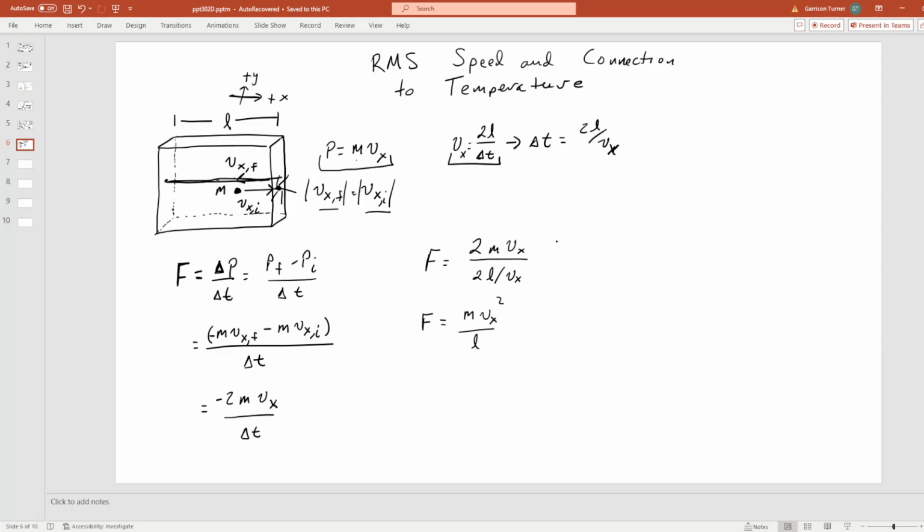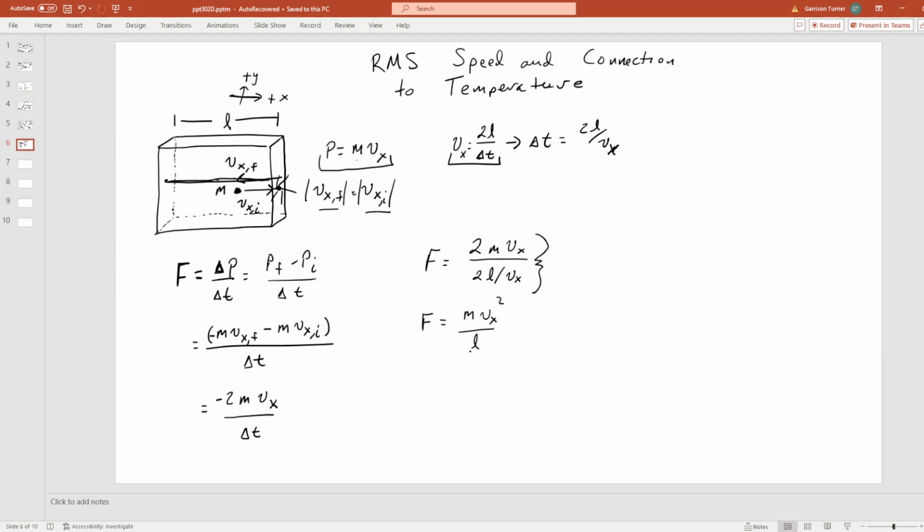I'm dropping the minus sign and making this substitution, and then we get m times Vx squared divided by L.